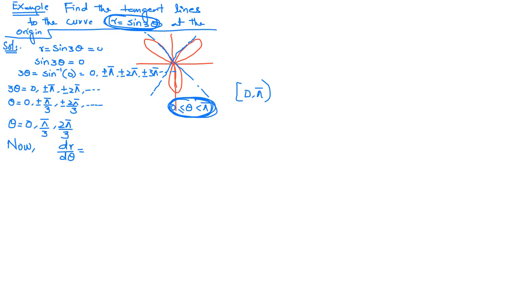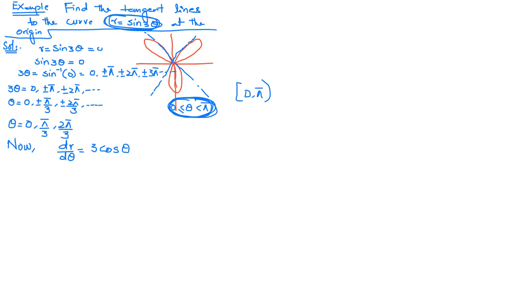But what more? So the derivative of sine of 3 theta is equal to 3 times cosine of 3 theta.